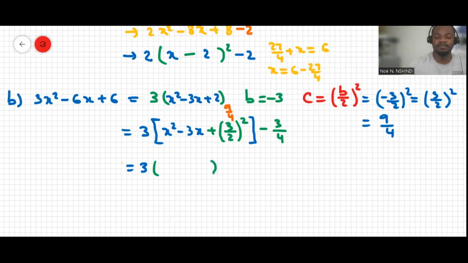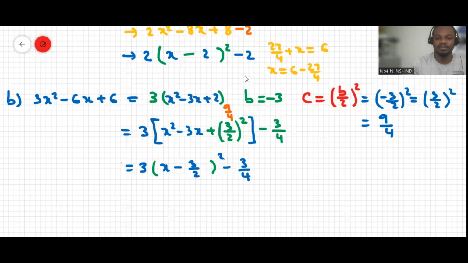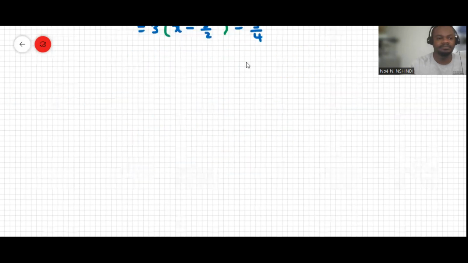I'm just going to take the basis. So this is x, and then -3 over 2 to the power of 2 minus 3/4. That was b, and then c: minus x squared minus 2x minus 2.